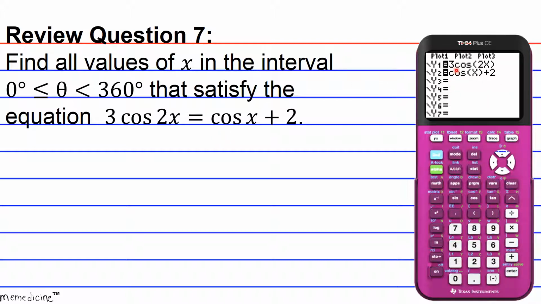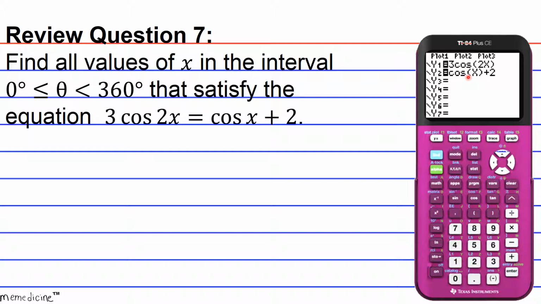First you're going to type in the left-hand side by pressing y equals 3 cosine of 2, and then this neat button, the X,T,theta,n button, okay? Then you're going to close the parentheses, all right? Then you hit enter so you can jump down to the next line and enter your second equation. All right, we're almost done, so bear with me.